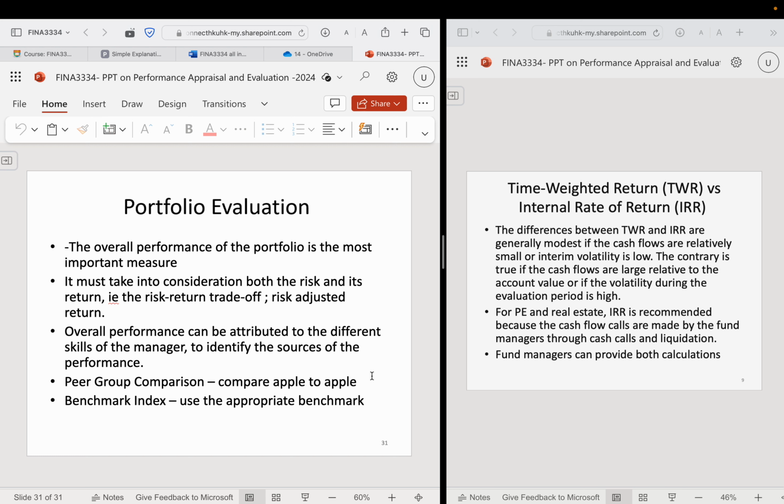Knockout at 105%, and 1-to-1 upside, that means 100% participation. And if knocked out, we pay a 7% coupon.